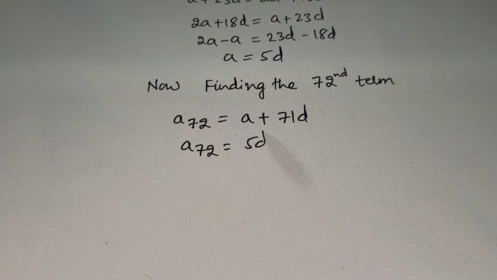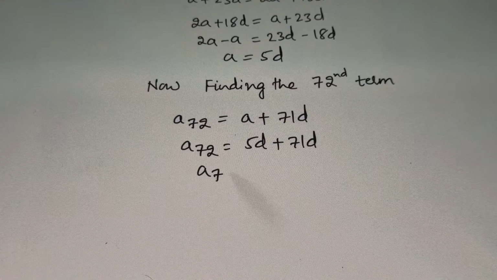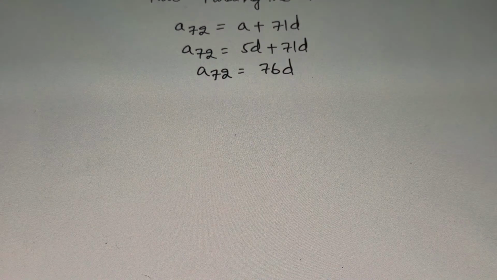Substituting A is 5D, A72 equals 71 plus 5, that is 76D.